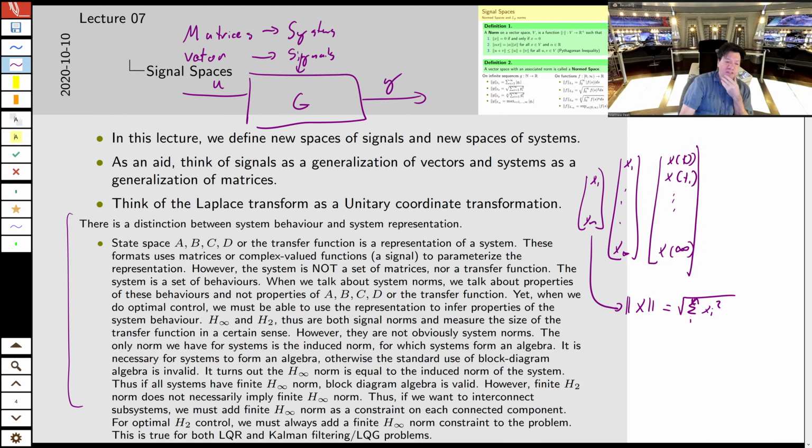And now, how does this fit into our theme of representation of the system in terms of A, B, C, D versus the system itself? So there's the representation. Well, how do we represent a vector in infinite dimensional space? How do we represent these signals?